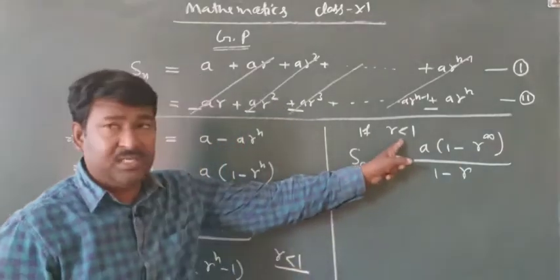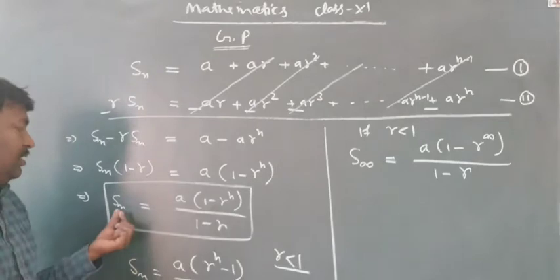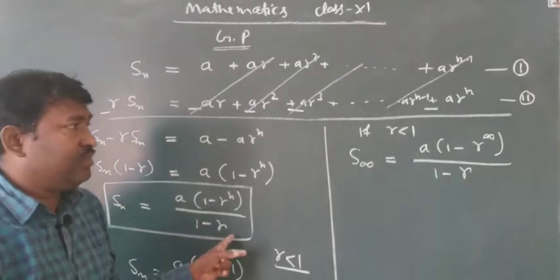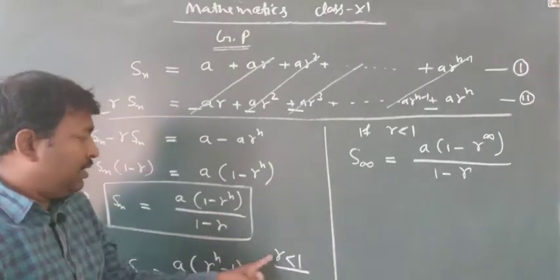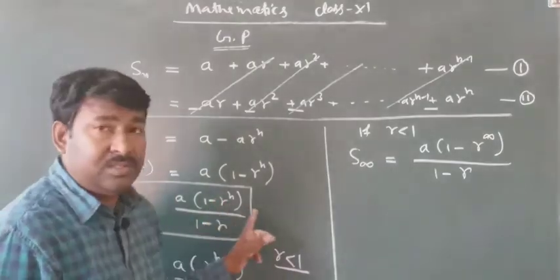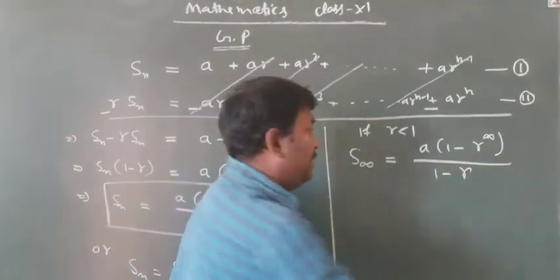If r is less than 1, we have already derived the formula to calculate the sum of n terms. But here r is less than 1, but n is what? Infinite.